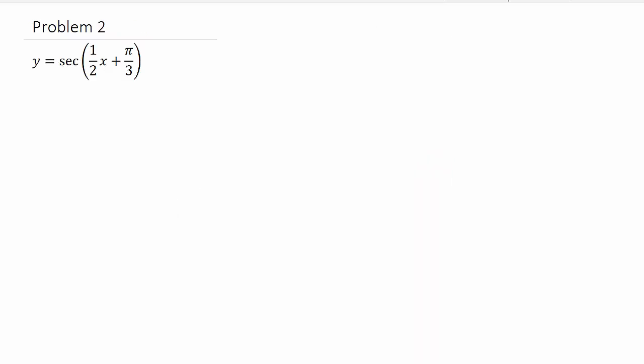Alright, so here's example 2, graphing the secant function. And as you know from the first part of the video, we have to graph the cosine function first and use it as a guide. So let's go ahead and write down y equals cosine of 1/2 x plus pi over 3.